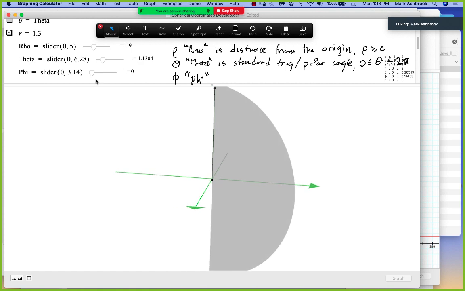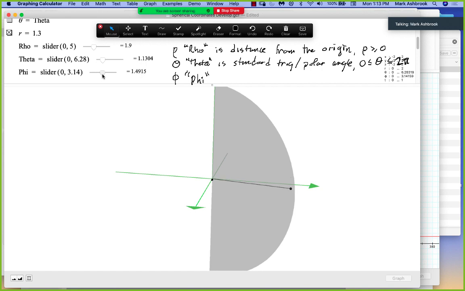It's the angle tipped down from the positive z-axis. See that? So this is 0. This is about pi over 4. Pi over 3 is around here.